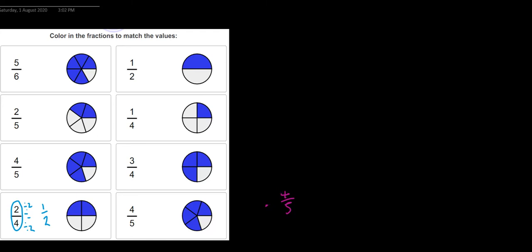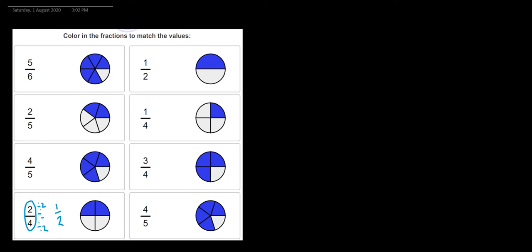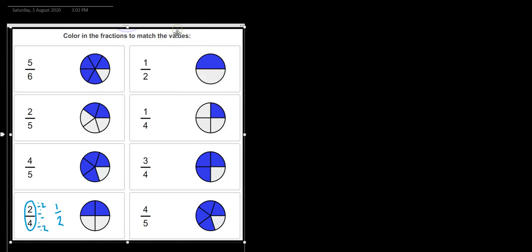Okay, I would like you to write these fractions as mixed numerals and these mixed numerals as improper fractions. So let's do the first.